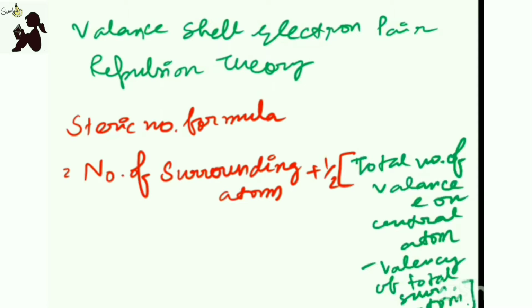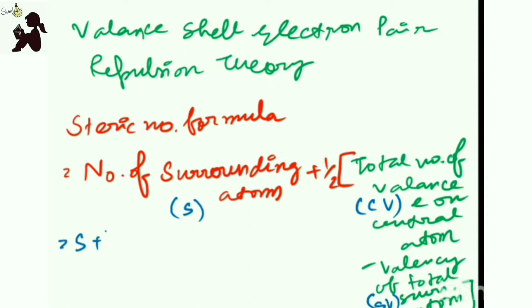So this is the steric number formula, but it has a modification according to cations and anions. Let us assume it is S, CV, and SV, that is surrounding atom valence.